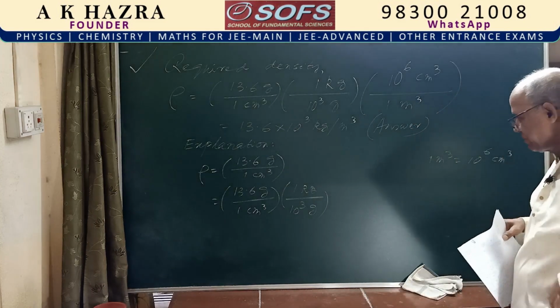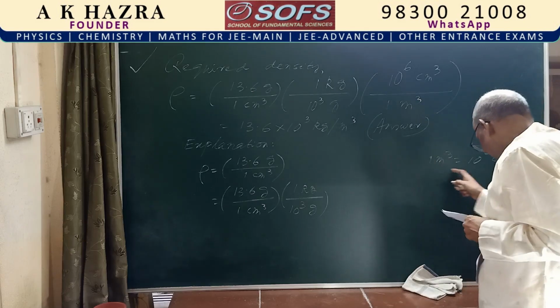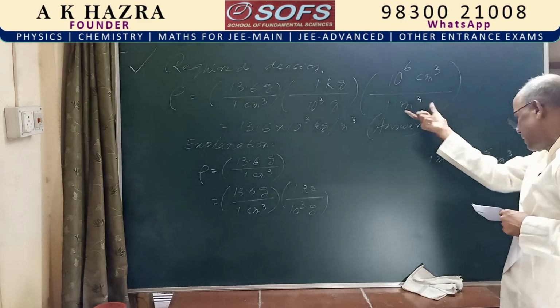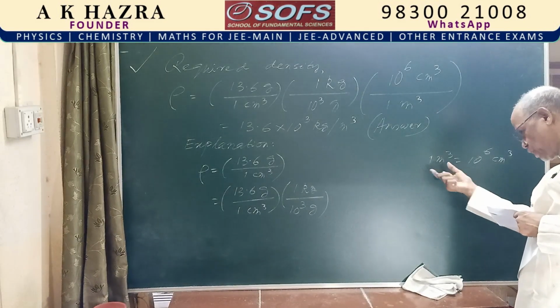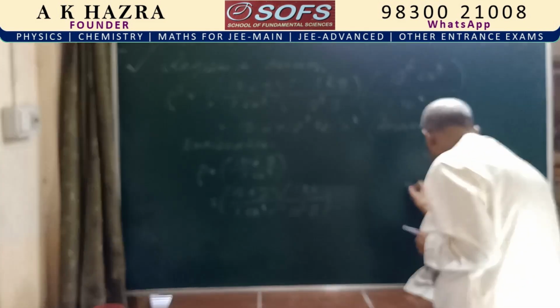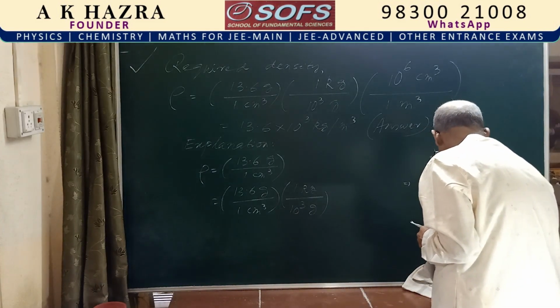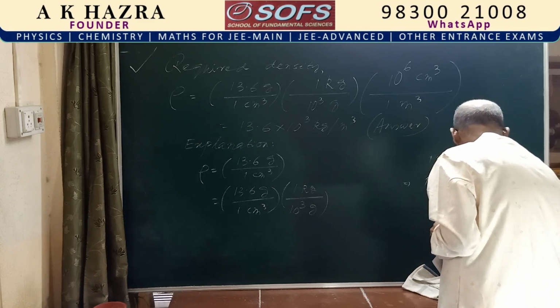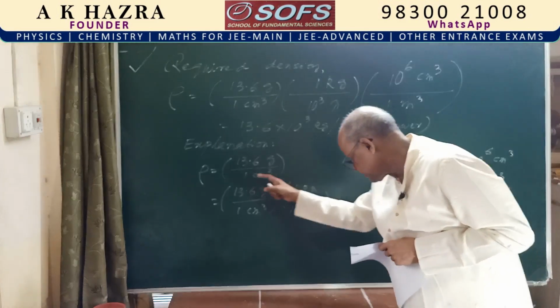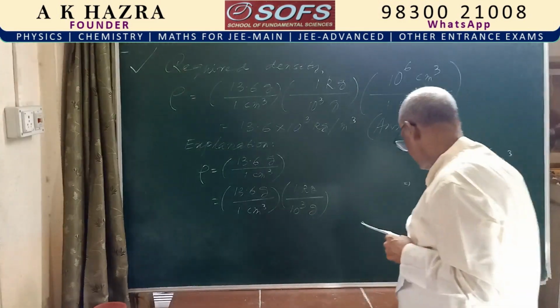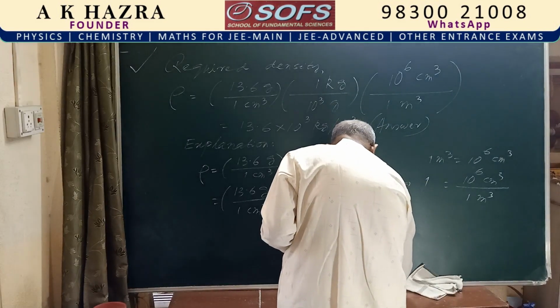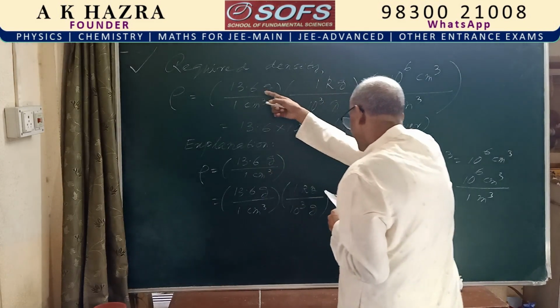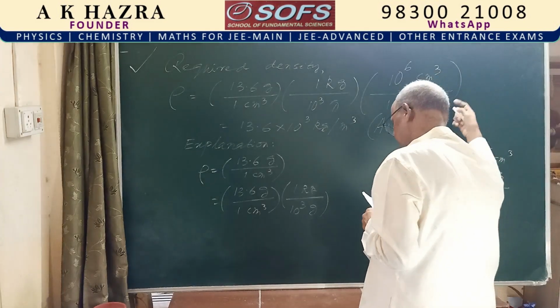Now we need cubic meter in the denominator. So dividing both sides by 1 cubic meter, we'll have 1 equals 10 to the power 6 cubic centimeter by 1 cubic meter. Now multiply this on both sides. Then we can have it merely by the dimensional concept, the shortcut method.